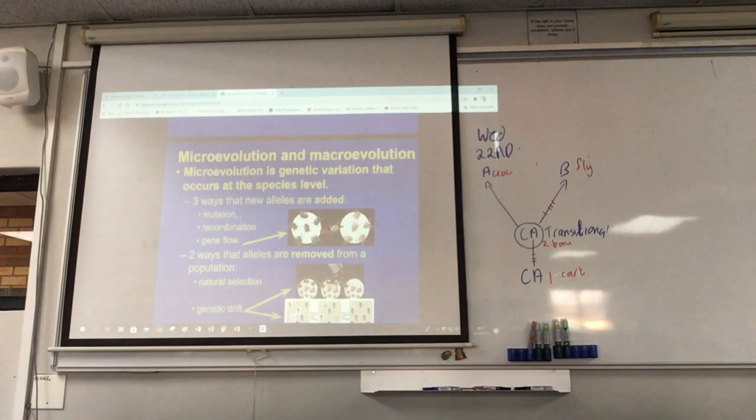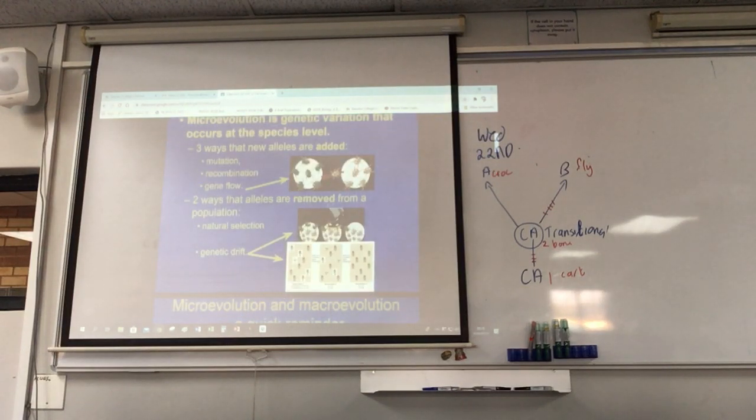Do you remember that? Genetic drift. Gene flow means that they're still able to mate with one another. So depending on what's happening at the time, brown could be more common, or green could be more common, depending on the environment.